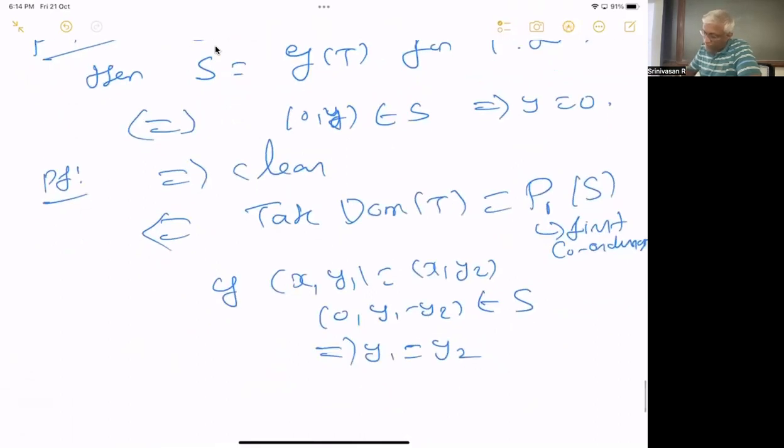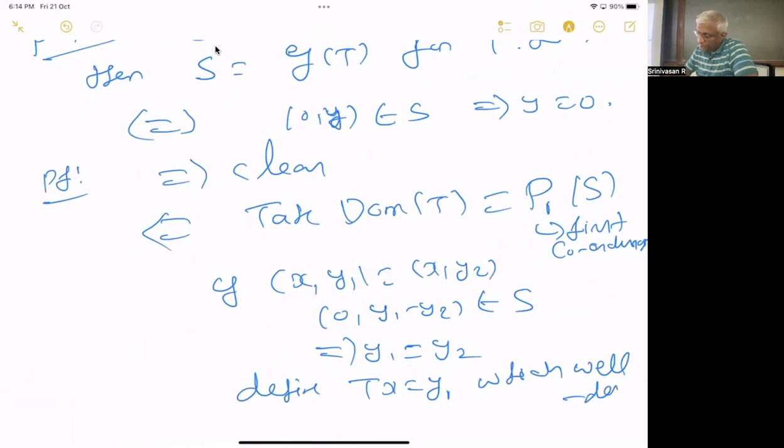So there exists a y1, y2. So define T of x equal to y1, which is well defined. That's what the above verification shows. I mean, you want to project it onto the first coordinate, then whatever the second coordinate element you get, you want to define.